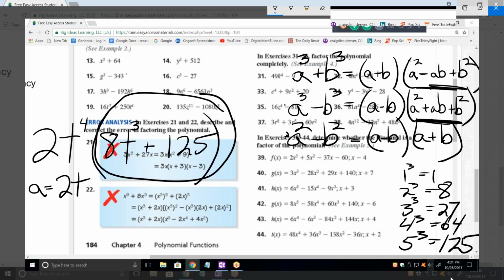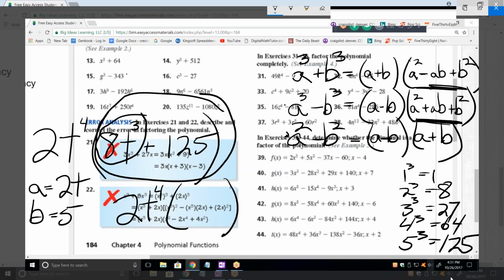Whenever you figure out A, when you cube it, it has to equal that term. And what is B? What's the cube root of 125? 5 cubed. So B is 5. Okay, so there's our greatest common factor.